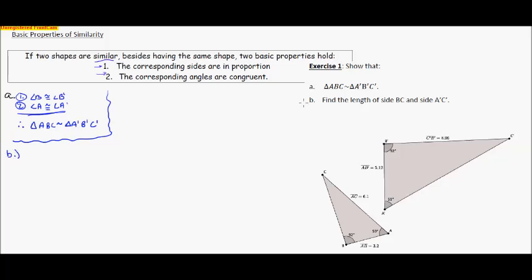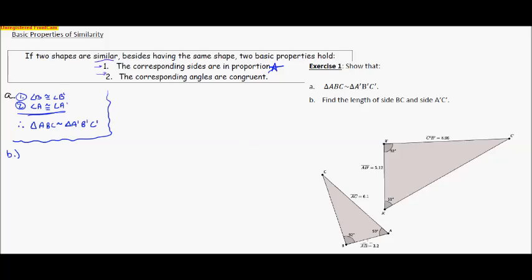Okay, now here's the new part. Since I have these two similar, that tells me this fact right here. The corresponding sides are in proportion. It's really important that you match up the sides, just like it was really important that you match up the corresponding angles.